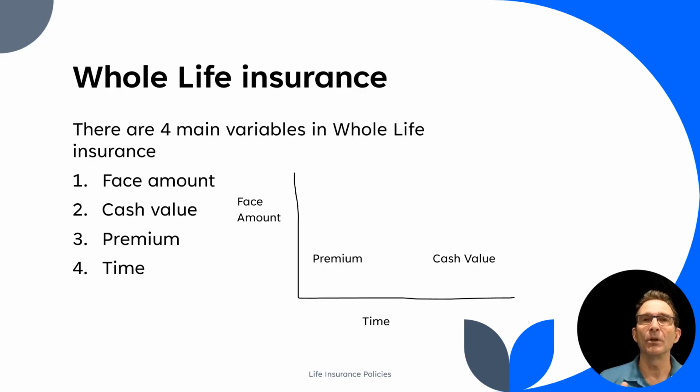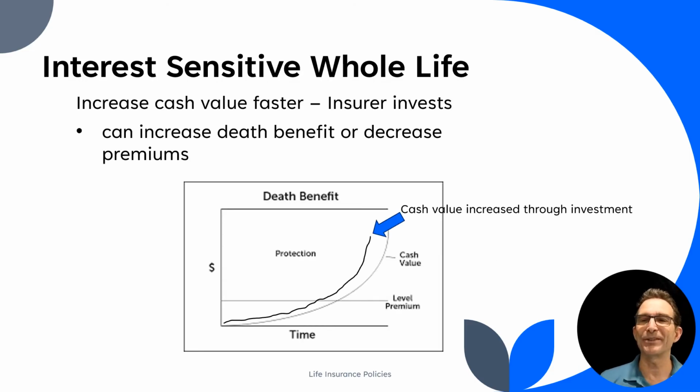How much time do I take, over time that I'm spending on the premium? How much time does it take for the cash value to accrue? So it's the interaction, again, of those four variables. So let's look at some different ways in which those variables are moved around.